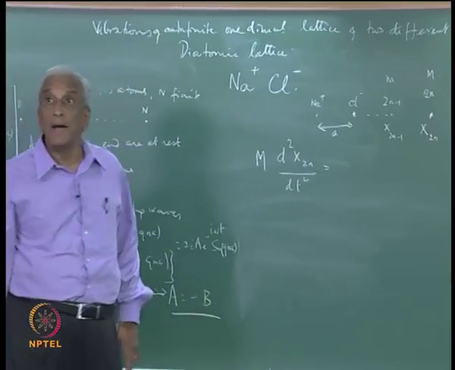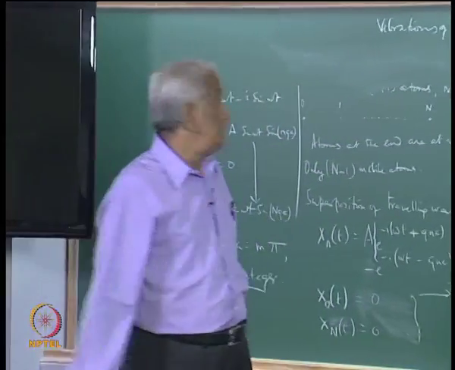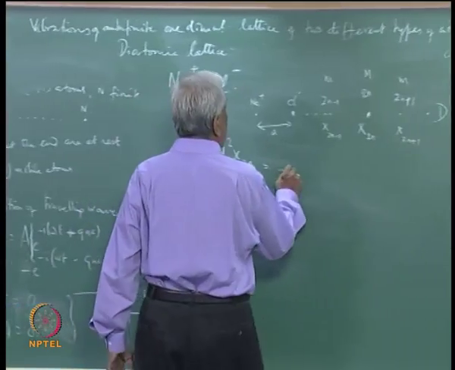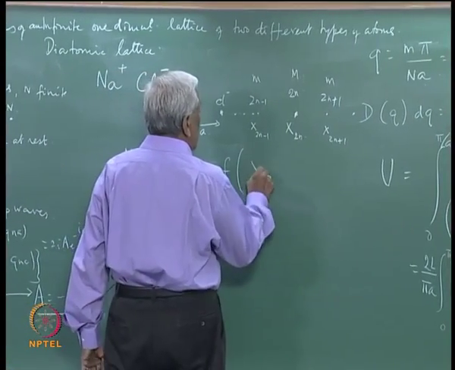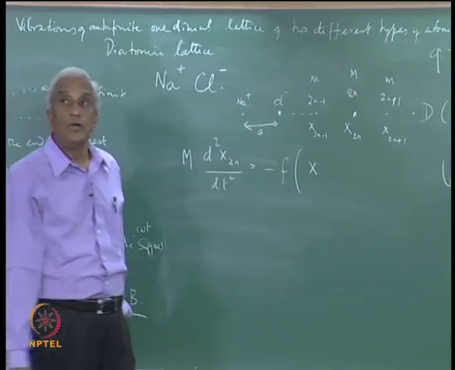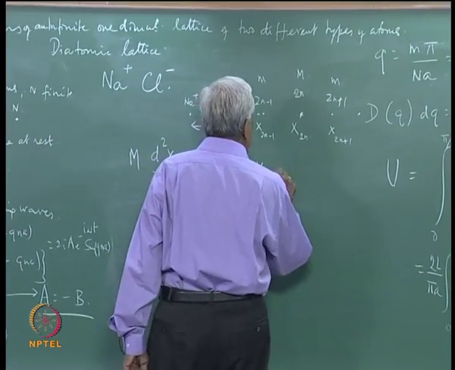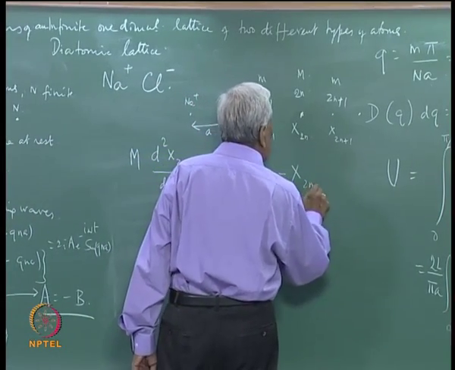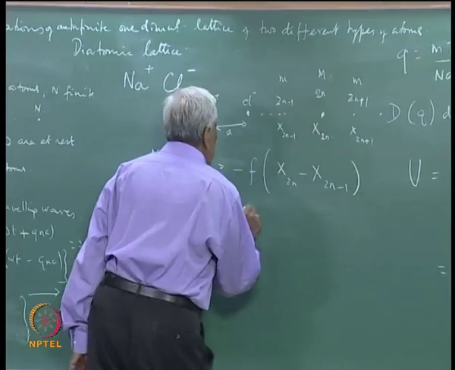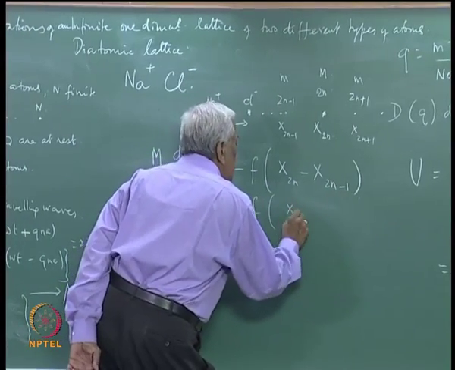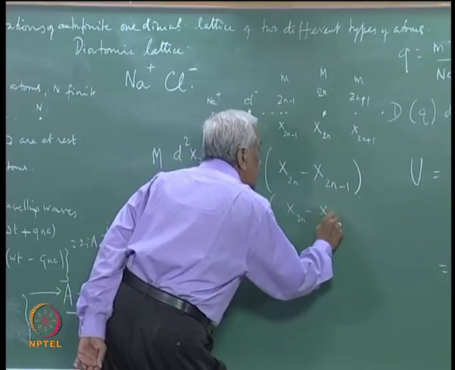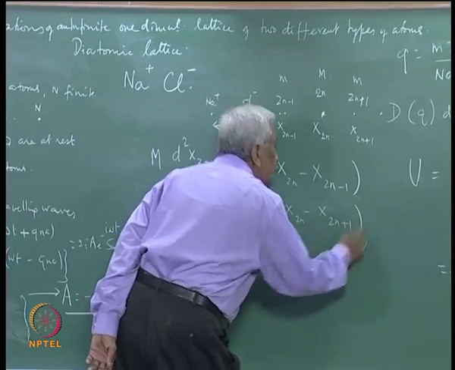This is the mass times acceleration, given by minus f times (x 2n minus x 2n minus 1) minus f times (x 2n minus x 2n plus 1).